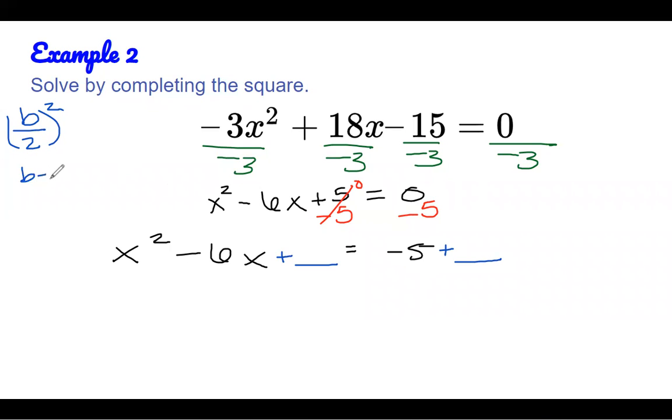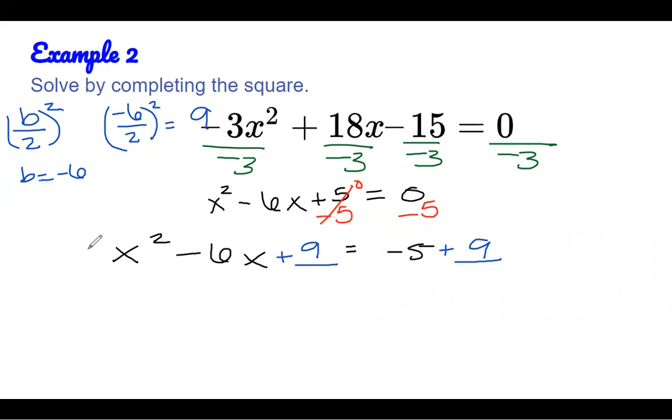So b is going to equal -6. So we have -6 divided by 2 to the power of 2. -6 divided by 2 is -3. -3 squared is 9. So what are we adding to both sides? 9. Okay.